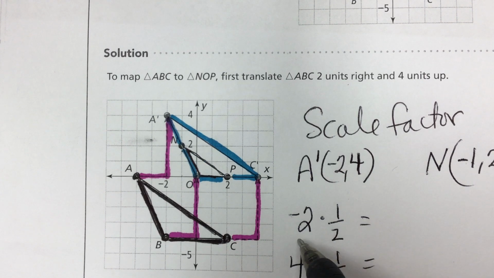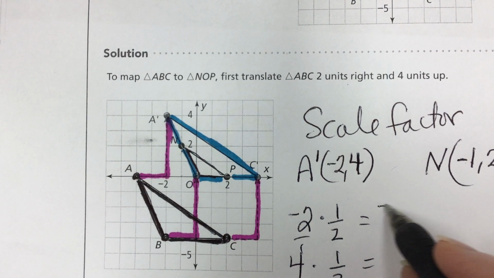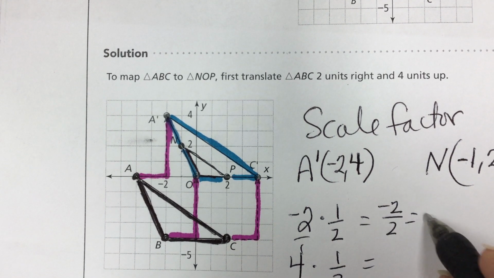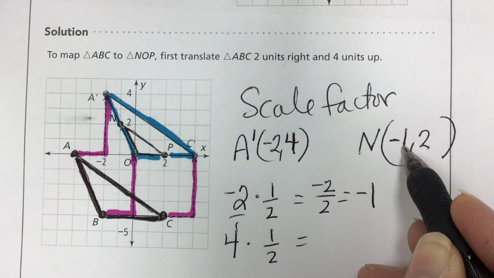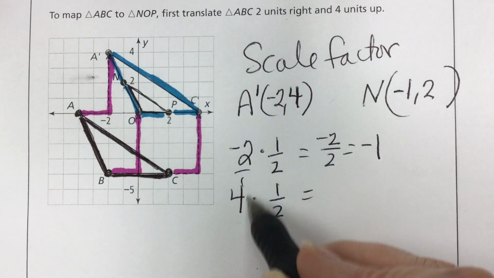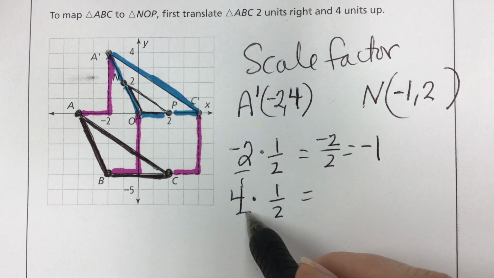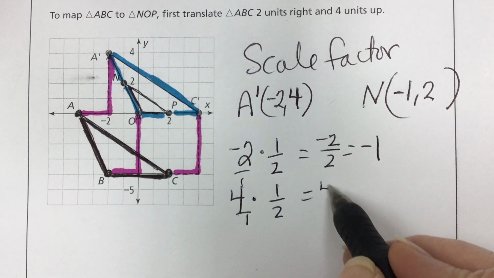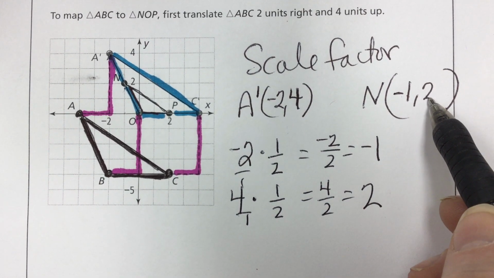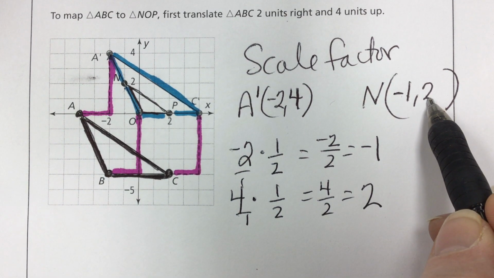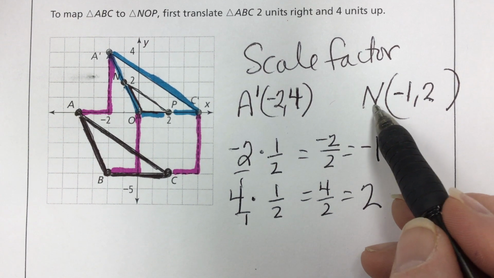Multiplying straight across, you get negative 2 over 2, which is negative 1, the x-coordinate of N. Then 4 times a half, 4 over 1, multiplied straight across, gives 4 over 2, which is 2, the y-coordinate of N.